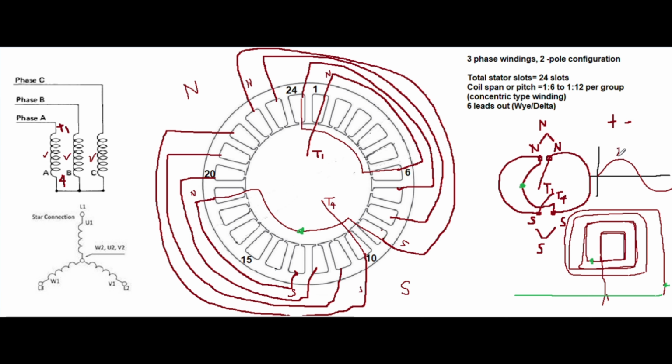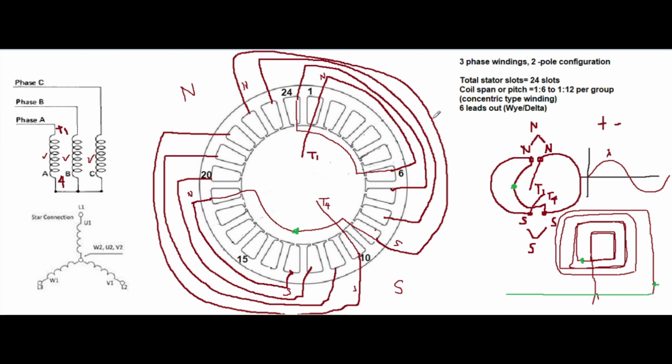This is phase A. When you're going to read phase A, you have to read this one independently from phase B and C. So disregard all the polarity of phase A and make another polarity of phase B. So we can plot the next phase, the terminal 2 and 5, by using the 120 degrees distance.